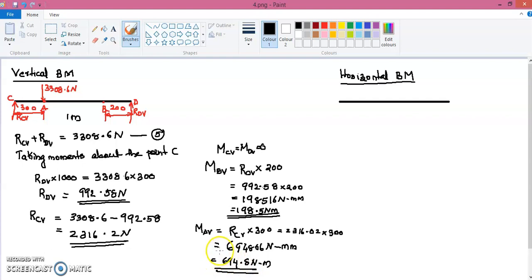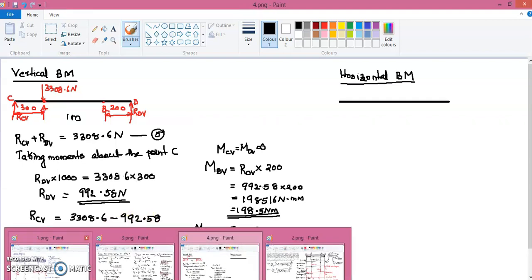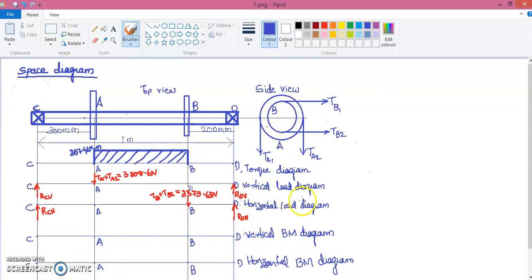So we have found out this vertical bending moment at the point A and B because of this vertical reaction. Now we will plot this value in the vertical BM diagram. So here we can mark this point A, already having this point A and B. We have found out these values. So we will show that magnitude here.